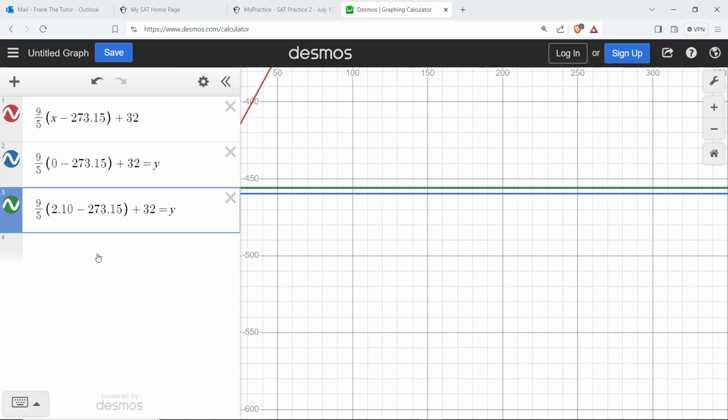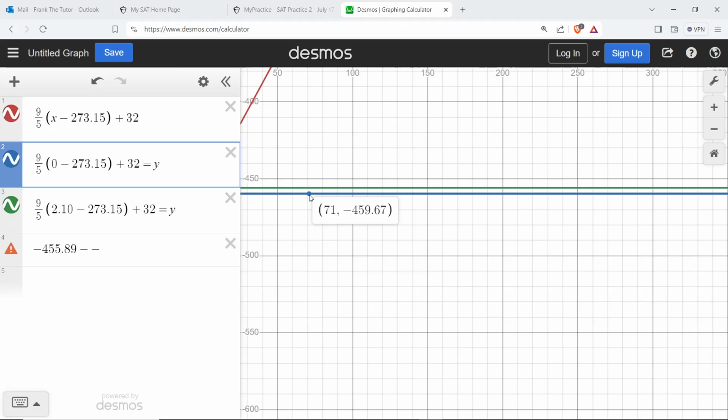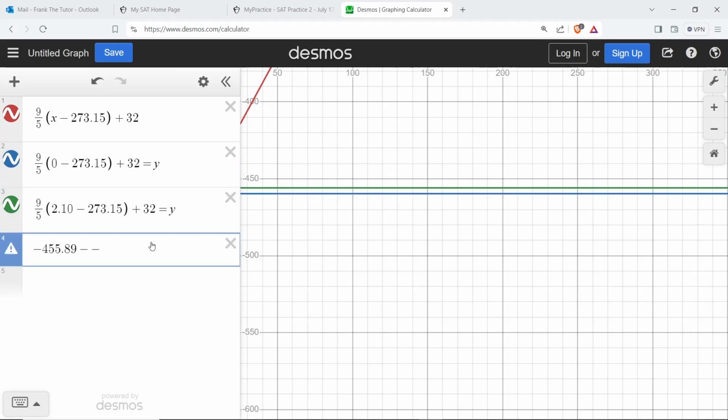So the higher temperature is negative 455.89, and from that I'm going to subtract the lower temperature, negative 459.67, and it comes out to 3.78 degrees. So Desmos can also help you with this one.